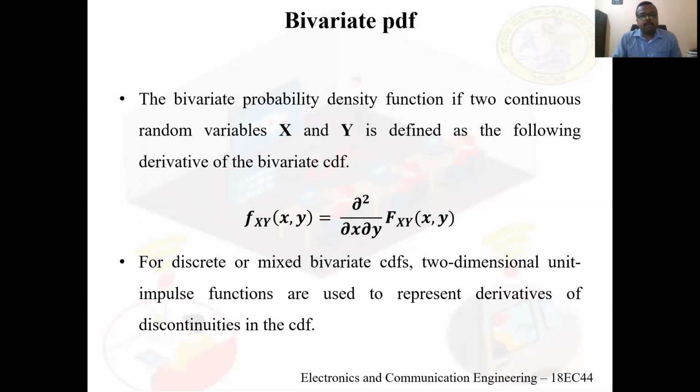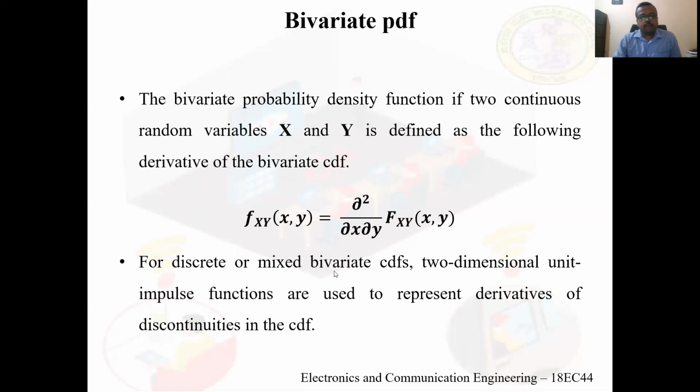The bivariate probability density function of two continuous random variables X and Y is defined as the following derivative of the bivariate CDF. The PDF is defined as small f_XY(x, y), which is equal to the second partial derivative, ∂² divided by ∂x ∂y, of F_XY(x, y). This is similar to what we studied for a single random variable.